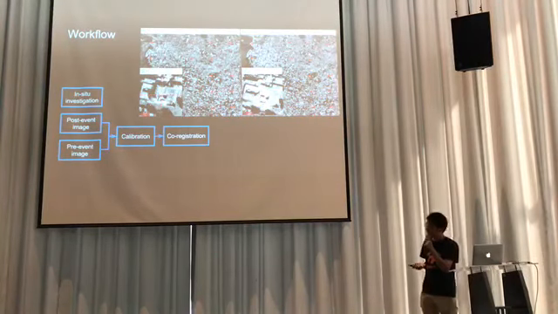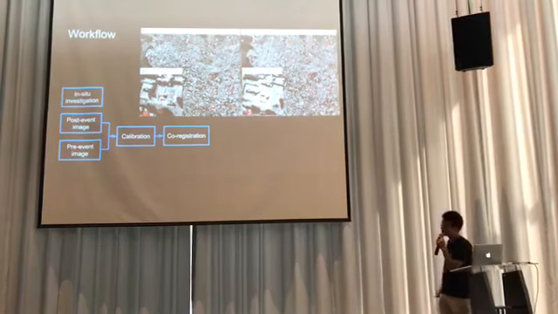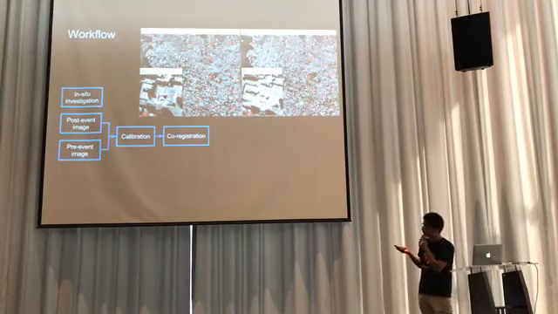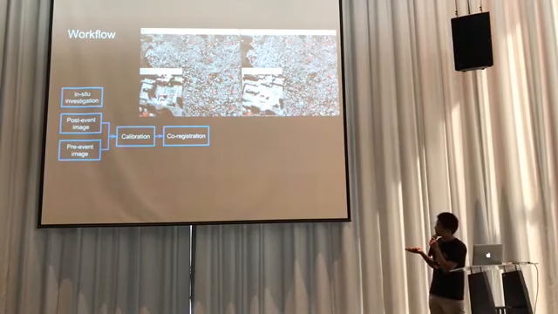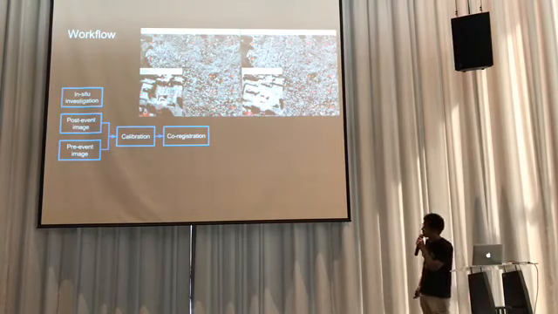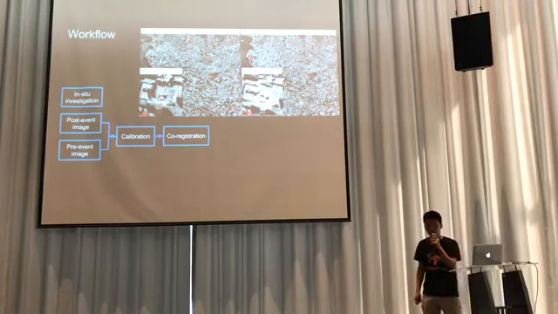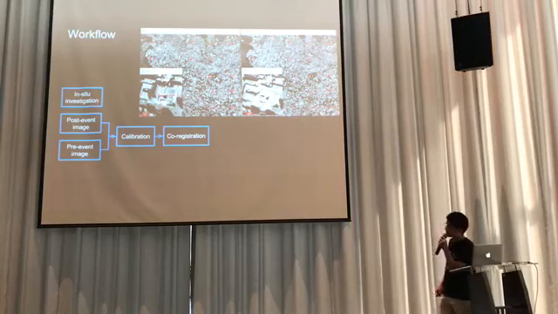After preparing this data, the first step is to pre-process the satellite images to make the calibration, including radiometric calibration, atmospheric calibration, and orthorectification. So maybe these are some remote sensing words.